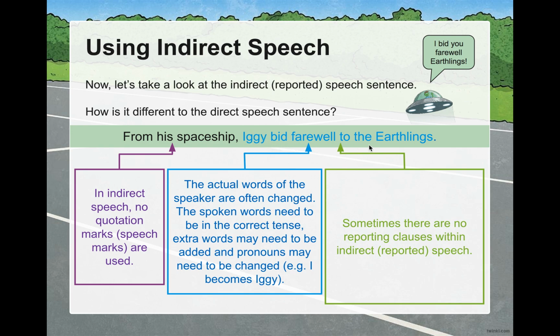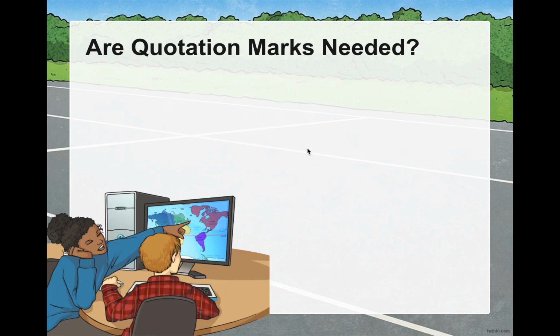So there's no more I. It doesn't say I anymore. So the actual words are often changed. Sometimes the pronoun is changed. Sometimes other words in the sentence are changed as well. We call it paraphrasing when we explain what someone said without using the exact words. So we have no quotation marks here.